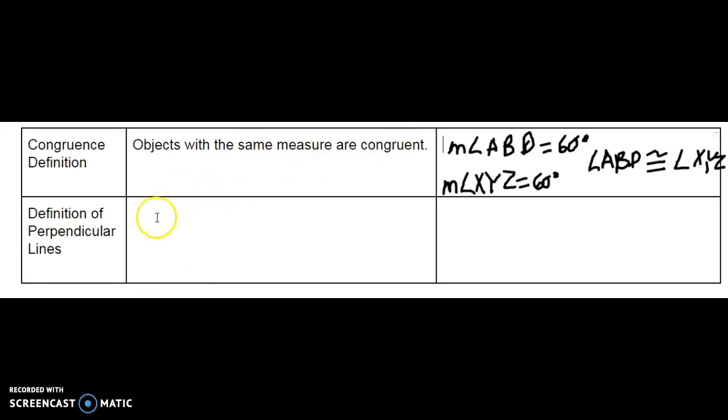Well, perpendicular lines are simply intersecting lines that form right angles.